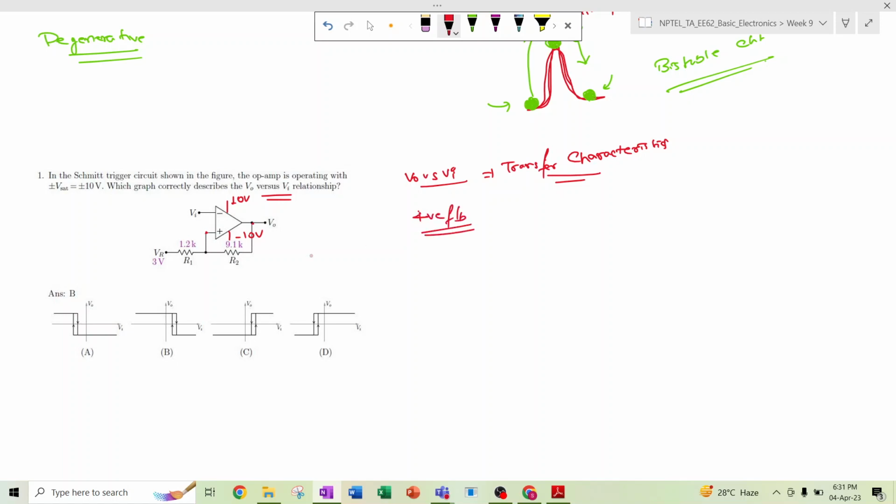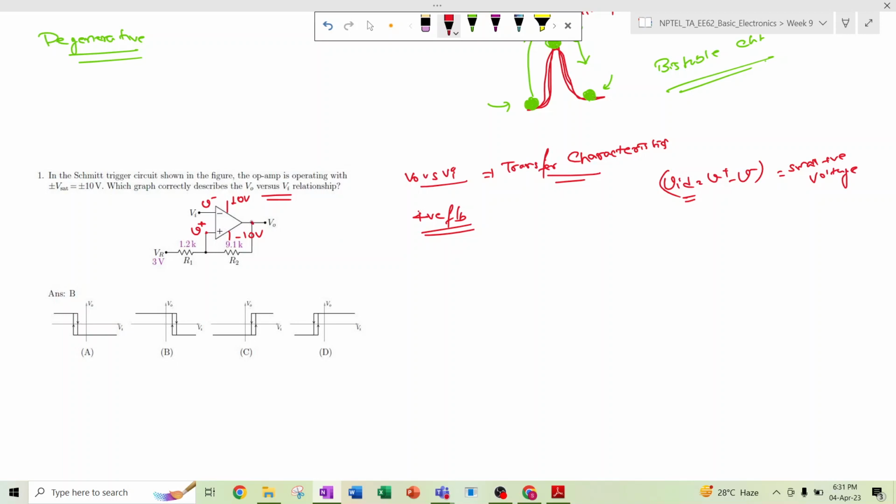In positive feedback, as I have already discussed, suppose there is some Vid, meaning V plus minus V minus, a small positive voltage. Then what is happening?